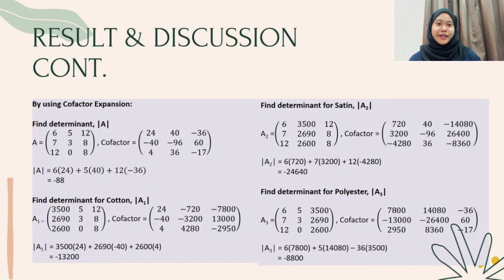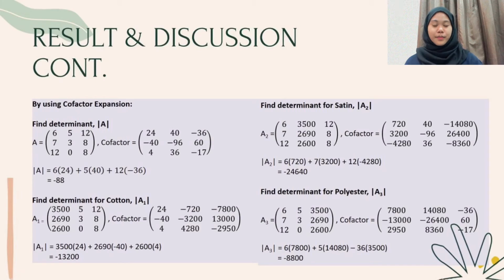By using the cofactor expansion, we need to find the determinant of A, determinant A1, determinant A2, and lastly determinant A3. Therefore, the determinant of A equals negative 88, determinant A1 equals negative 13,200, determinant A2 equals 34,640, and determinant A3 equals negative 8,800.